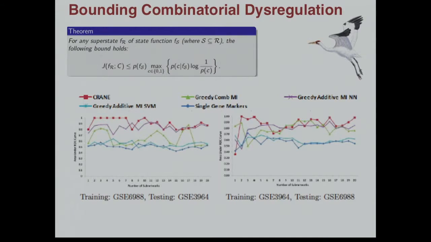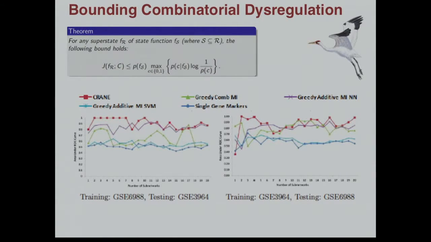But we had this nice bound, so we went ahead and implemented an enumerative algorithm, and then we implemented the same optimization problem using a greedy algorithm. We were able to show that if you do enumeration, you can find subnetworks that are better at predictive tasks as opposed to the greedy algorithm.